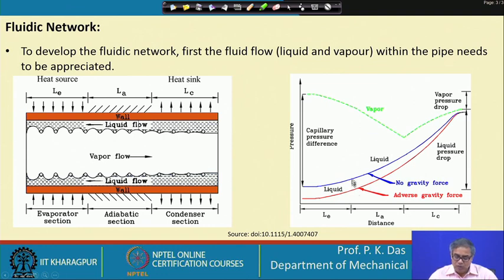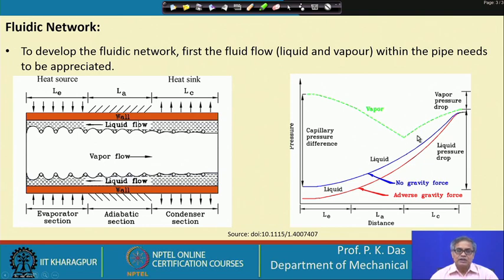As it overcomes the evaporator length, then there will not be any further vapor generation, mass flow rate will not increase, but the flow resistance will still continue in the adiabatic section. So, there will be still a fall in the pressure of the vapor. It will come to the lowest pressure at the end of the adiabatic section.